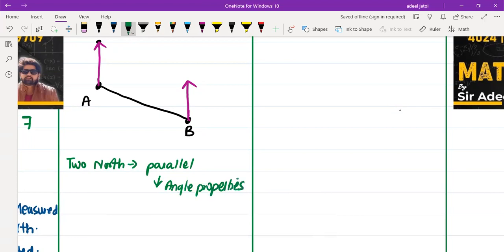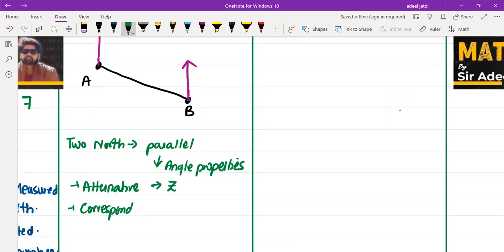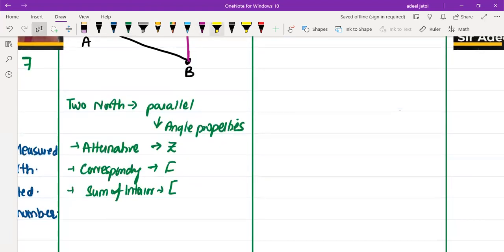That means alternate property, which creates a Z. Corresponding property creates an F. And sum of interior angle property creates a C. But normally, what I've seen is that sum of interior angle is used, and this sum will be sum of what? 180.